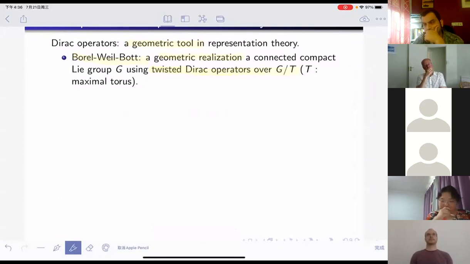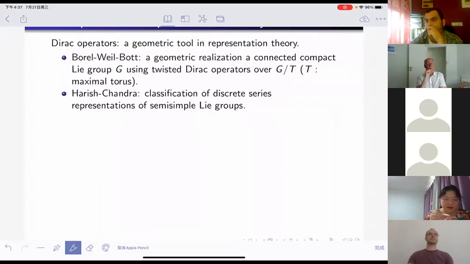So in principle, they work on the homogeneous space defined by the Lie group G over the maximal torus, and create a holomorphic line bundle over that, and consider the Dolbeault operator, which is just the Dirac operator twisted with that holomorphic line bundle, and the kernel of that operator realizes the irreducible representations of the connected compact Lie group.